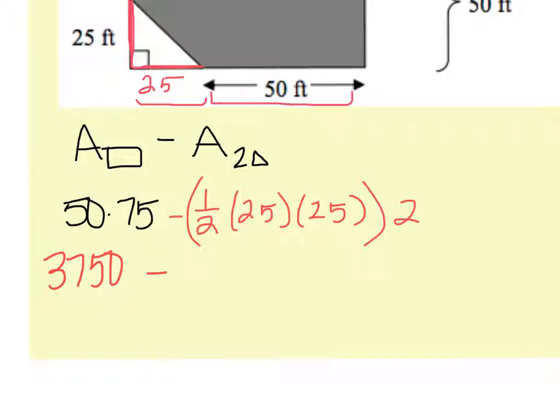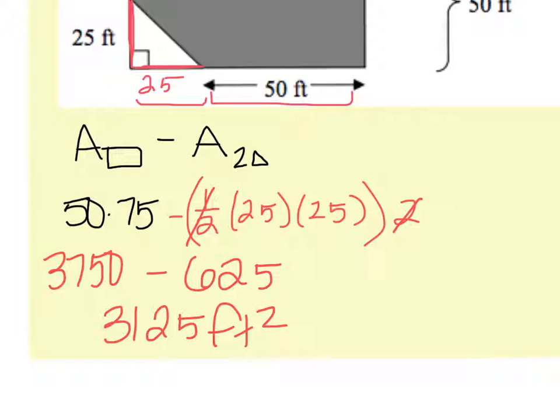And then 25 times 25. You can multiply it by 1/2 and then multiply it by 2, but the 1/2 and the 2 are going to cancel out. So 25 times 25 is 625. And then I'm going to subtract 3,750 minus 625. I'm going to get 3,125 feet squared. That represents the shaded region.